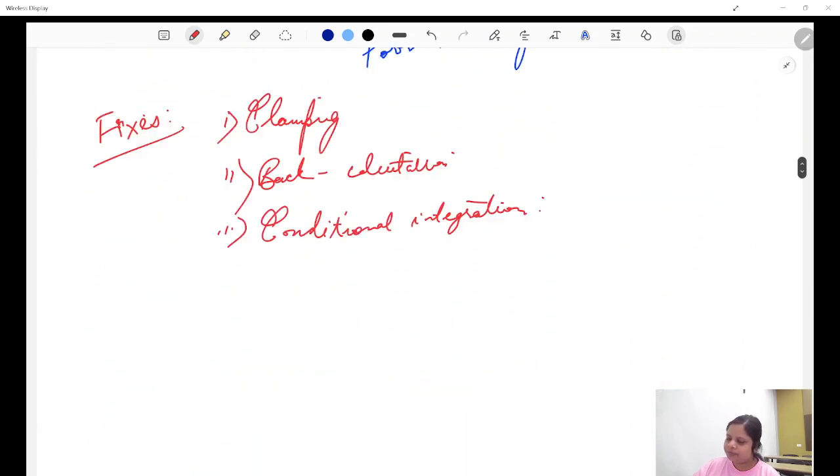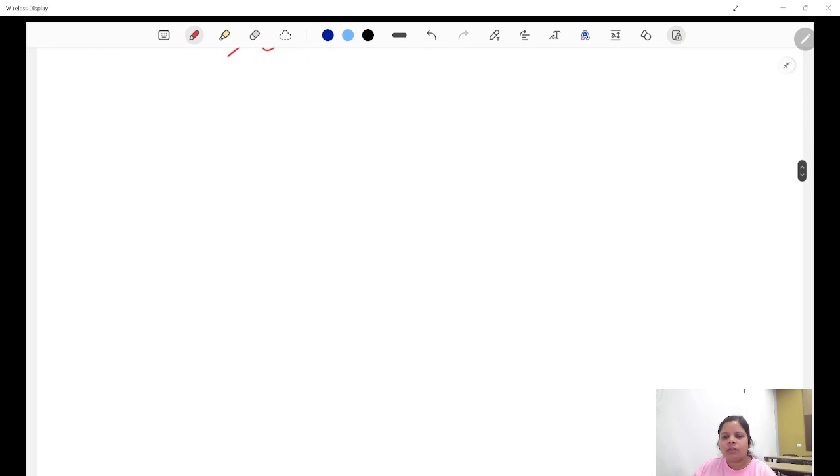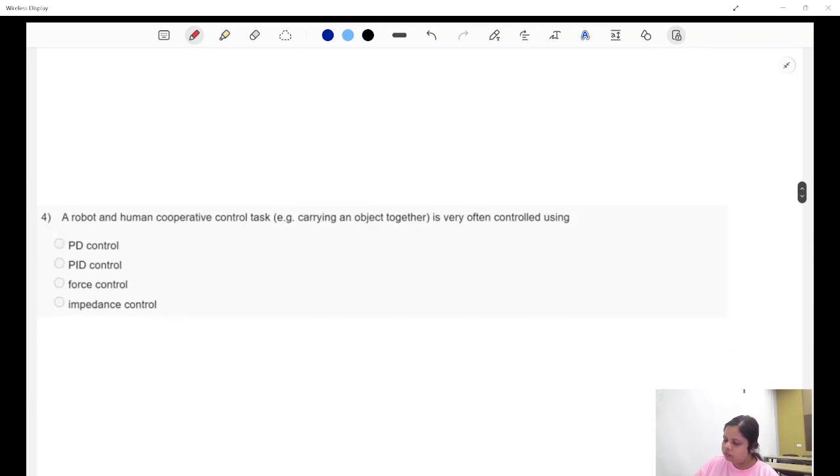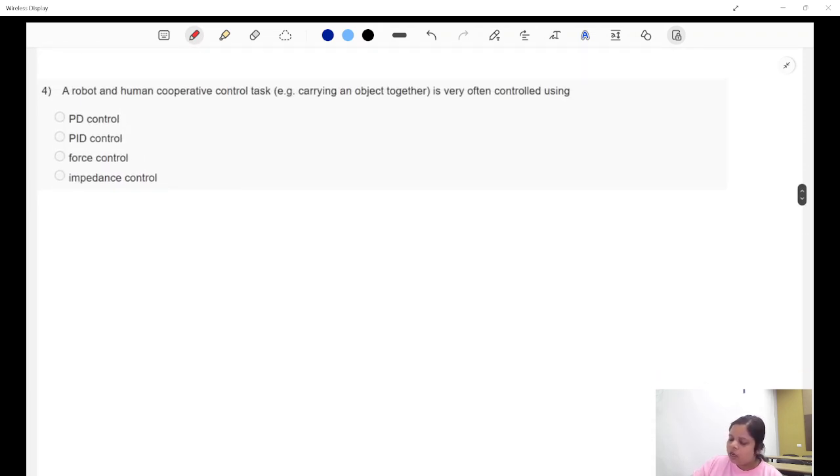Okay. After this, let's move to the next question. Okay. A robot and a human cooperative control task, that is carrying some object together, is very often controlled using what?